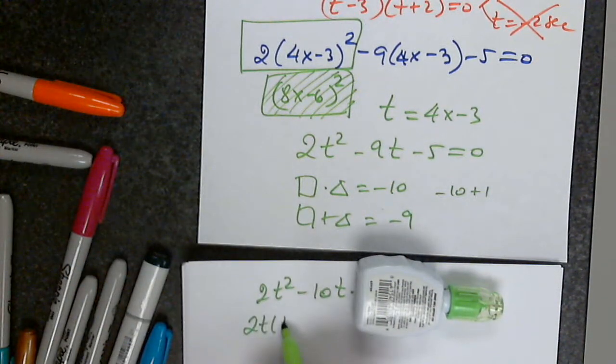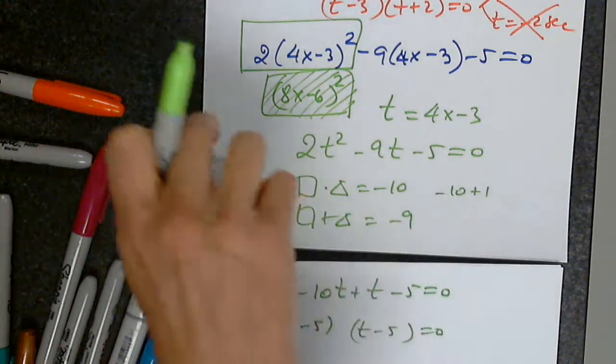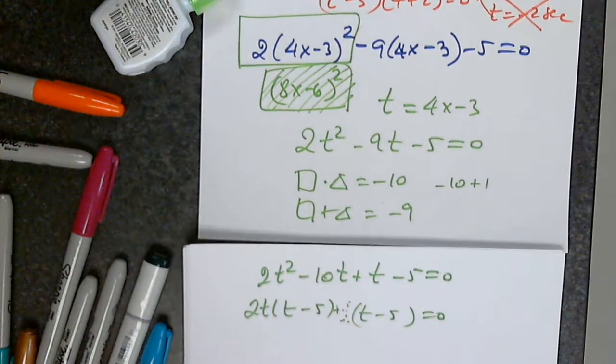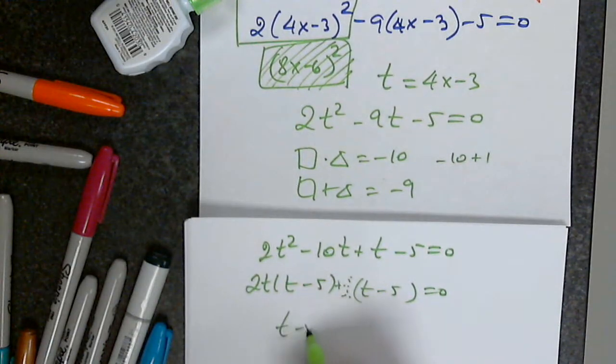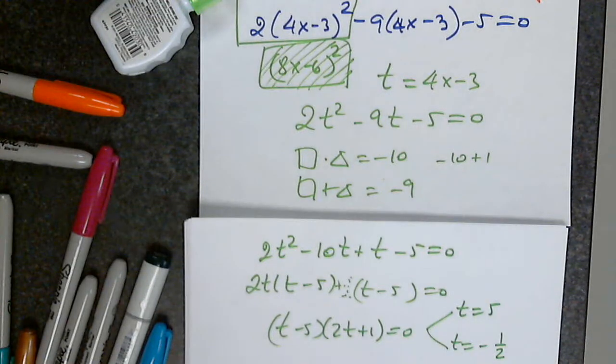So this is 2t, t minus 5, and t minus 5 equals 0. And we have positive 1. So then this is t minus 5 and 2t plus 1. And we have two options, t equals 5 and t equals negative 1/2.